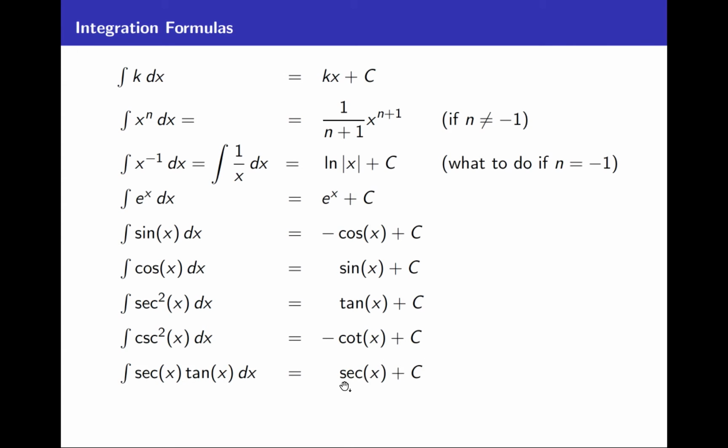What else do we have? Well, the derivative of secant x is secant x tangent x. So the antiderivative of secant x tangent x is secant x plus c. You differentiate the answer, and it gives you the integrand.